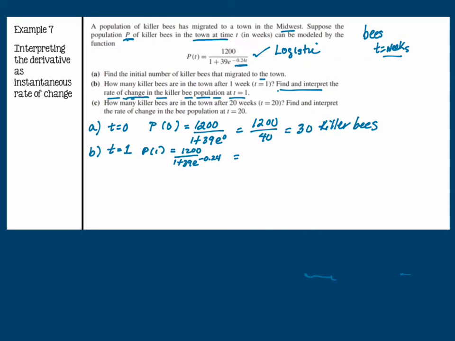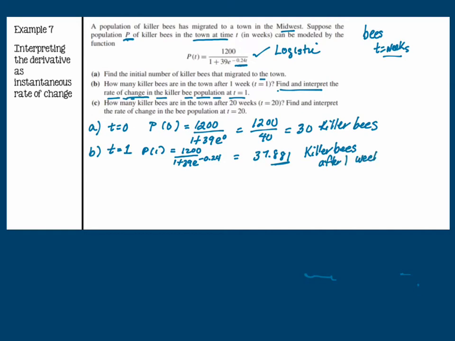P of 1 is equal to 1200 over 1 plus 39e to the negative 0.24. If you put that into the calculator, you should get 37.881, and remember we always go to 3 digits, so look at the fourth one to get the rounding right. 37.881 killer bees after 1 week.